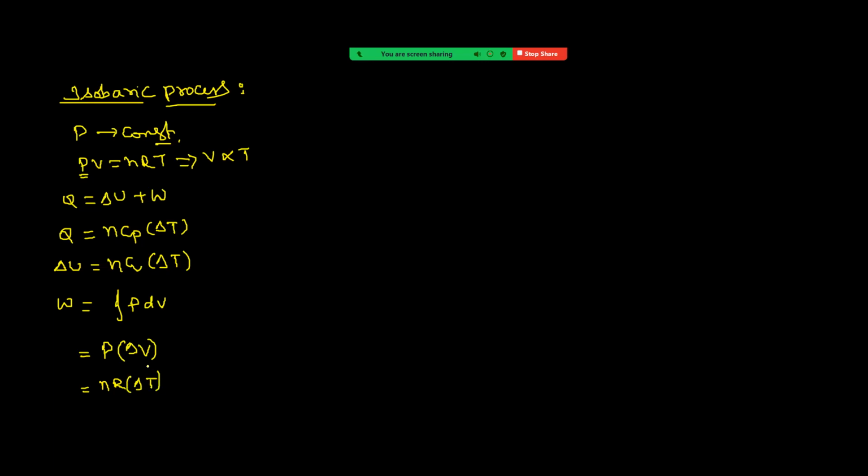And we have to keep one more point in mind, that is integral P dV. We are knowing that integration gives area under the graph. That means when we are taking pressure volume graph, it is also known as indicator graph.